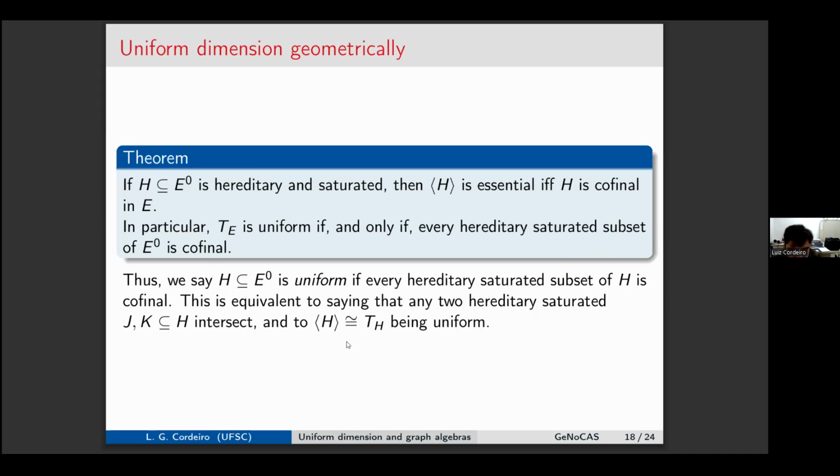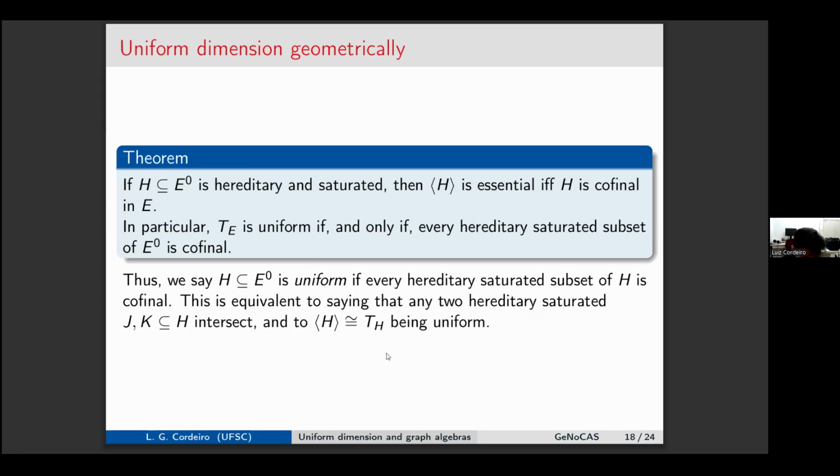And actually, the isomorphism between the lattice of hereditary saturated subsets of E0 and the ideals of the talented monoid respects the talented monoid construction in the sense that if we take H and restrict the graph E to get the reduct, which has only vertices of H and edges which connect its vertices, then the ideal in TE is isomorphic via a natural isomorphism to the talented monoid of this reduct.